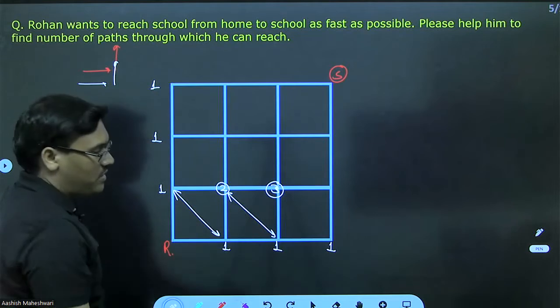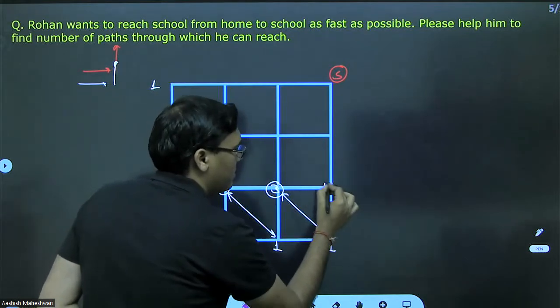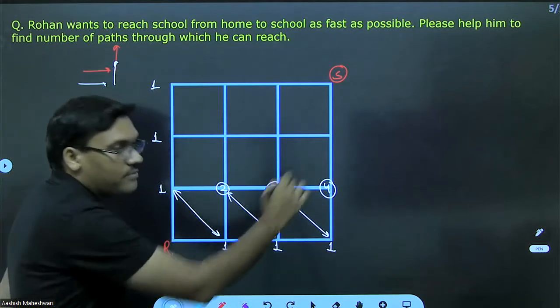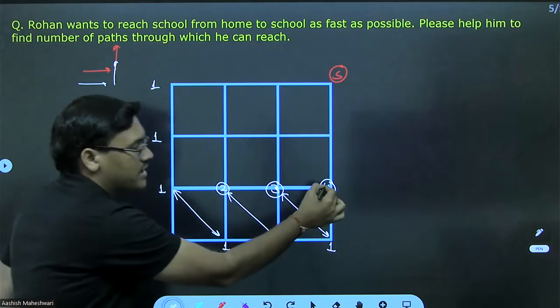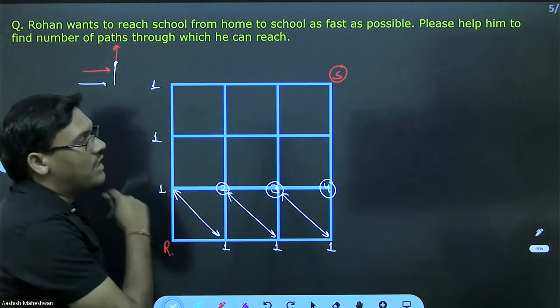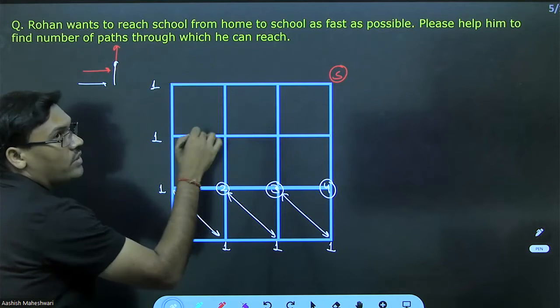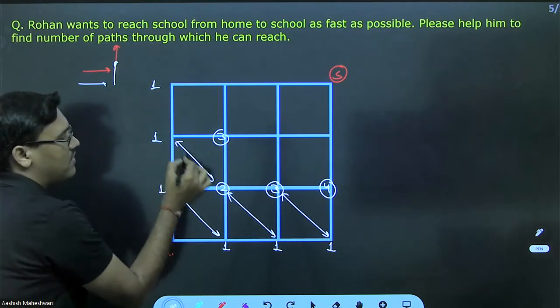Okay, shortest possible, right? Similarly, in how many ways he can reach from here to here? 4 ways. You can count, you can draw the diagram, you can mark the path, and you will see that if Rohan wants to reach here, he will have only 4 ways moving up and right. Okay. Now, in how many ways Rohan can reach here? It will be 3 ways. 2 plus 1. That is 3 ways.